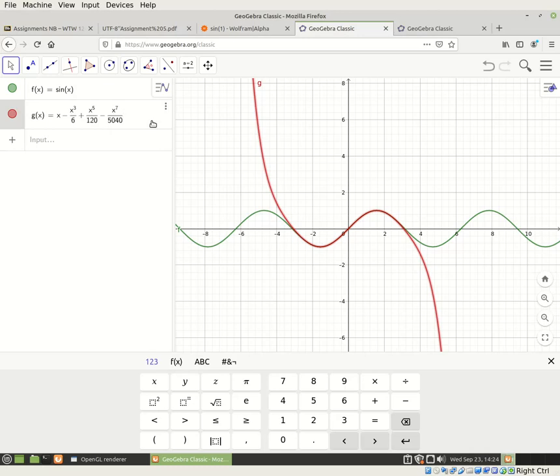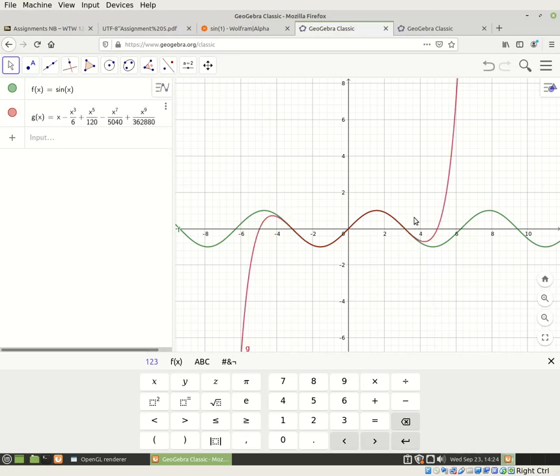Let's add another term, plus x to the 9 over 9 factorial. Now we've got a good approximation from about -4 to 4.